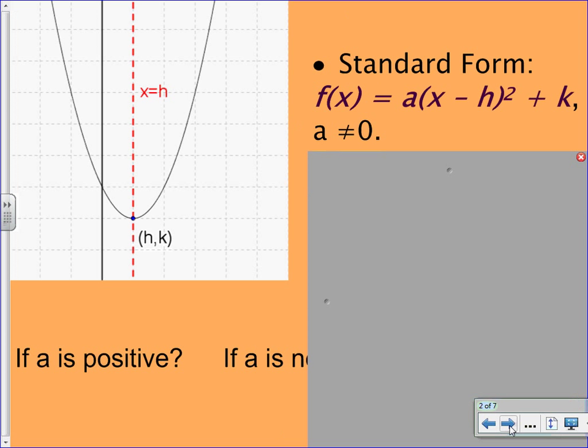So, what we're going to do is we're going to write our quadratics in standard form, which looks like this. Okay? A times x minus h, quantity squared, plus k. That way, we know if we have a vertical stretch or shrink, and then horizontal and vertical shifts.